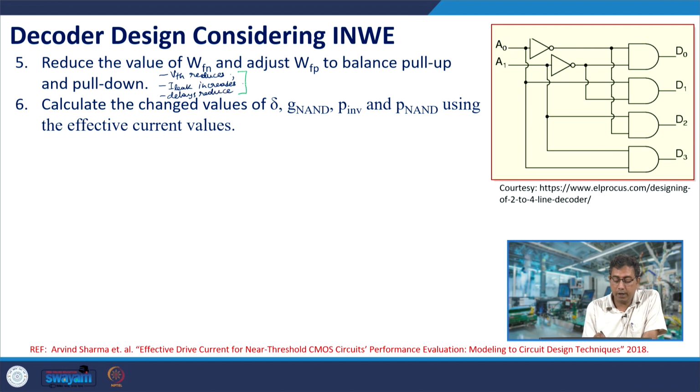All these three taken together, you need to find out that for minimum delay, what is the minimum energy that you can obtain. So, energy, you do not know whether it increases or reduces, because energy is a product of leakage power and delay.